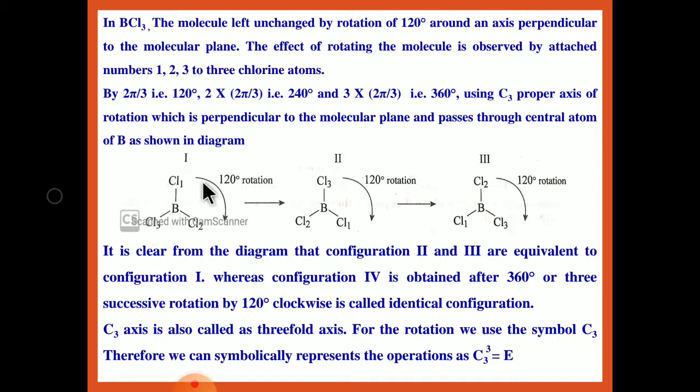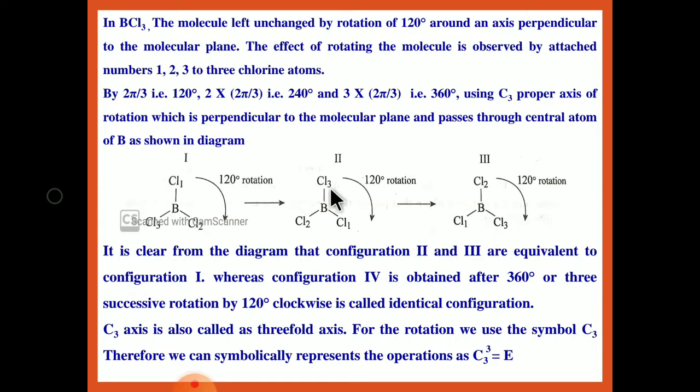Each chlorine atom is numbered as first chlorine, second chlorine and third chlorine, 1, 2, 3. If we rotate this molecule by 120 degrees, we will get its second orientation, that is Cl1 is replaced by Cl3. Similarly, Cl2 and Cl3 are replaced by Cl1 and Cl2 respectively. If we rotate this molecule again by 120 degrees, we will get the third orientation.